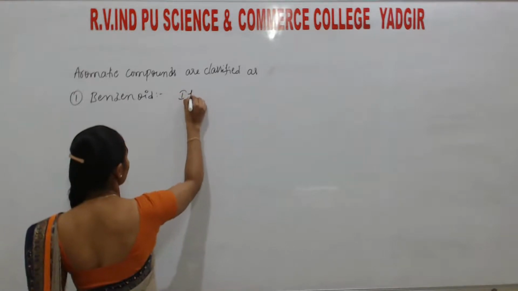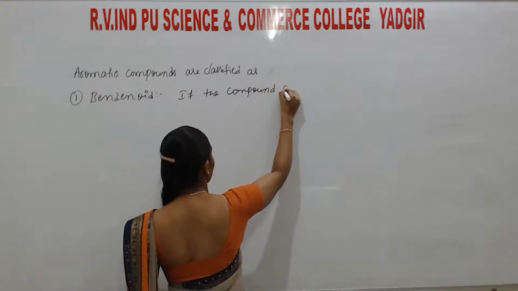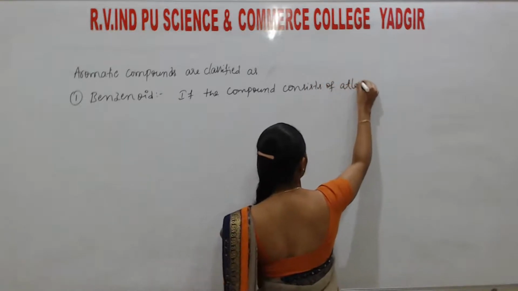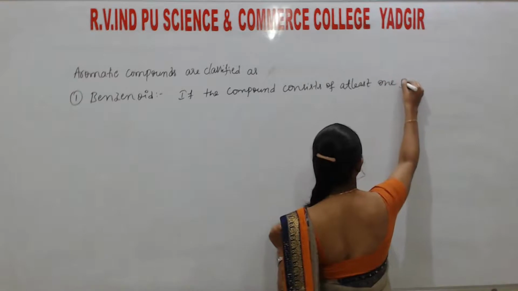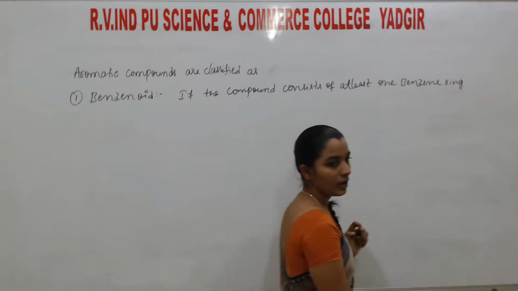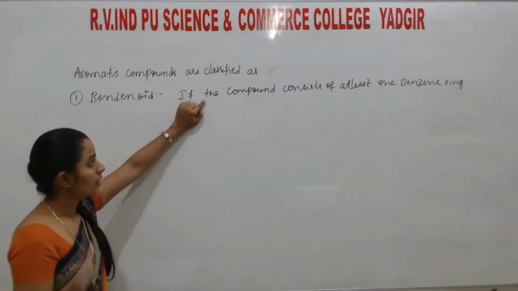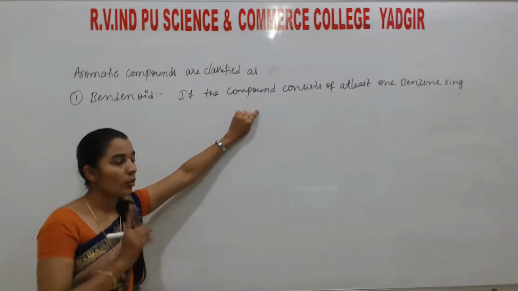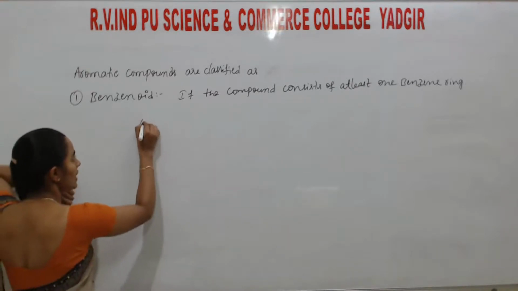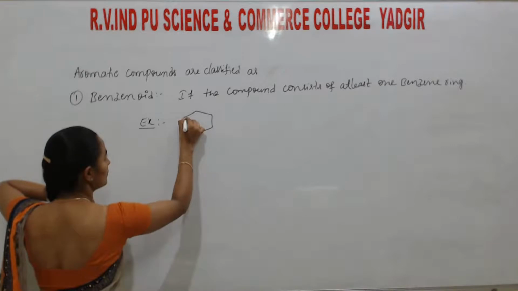So students, here if the compound consists of at least one benzene ring, they are called benzenoid compounds. Understand? If the compounds consist of at least one benzene ring, those are called what? Benzenoid compounds. So example for that is, of course, benzene alone is a benzenoid compound.